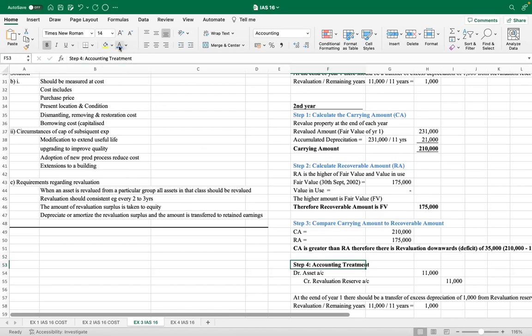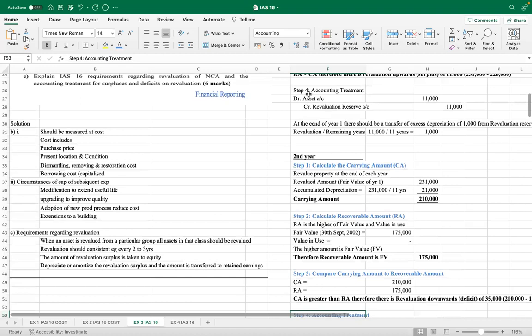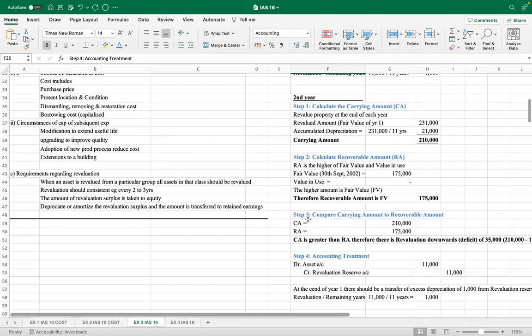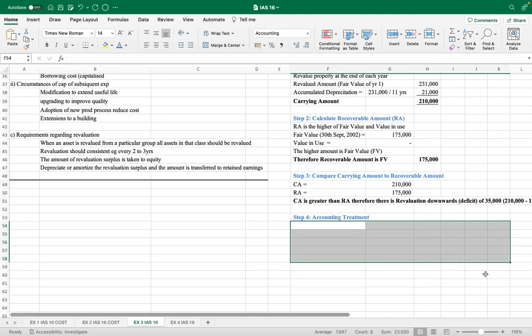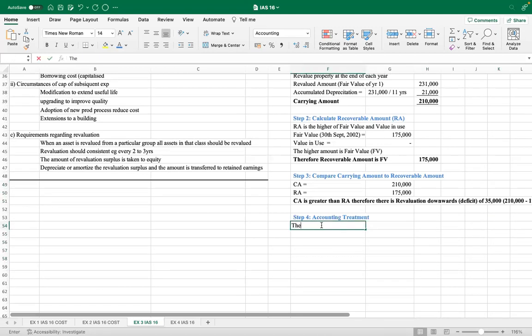Step 4, we call it accounting treatment. Step 4 was accounting treatment. Now, what is accounting treatment? We follow the rules. Sorry, I'm in the wrong place. So, we follow the rules. There is revaluation downwards for an asset that was previously revalued upwards.